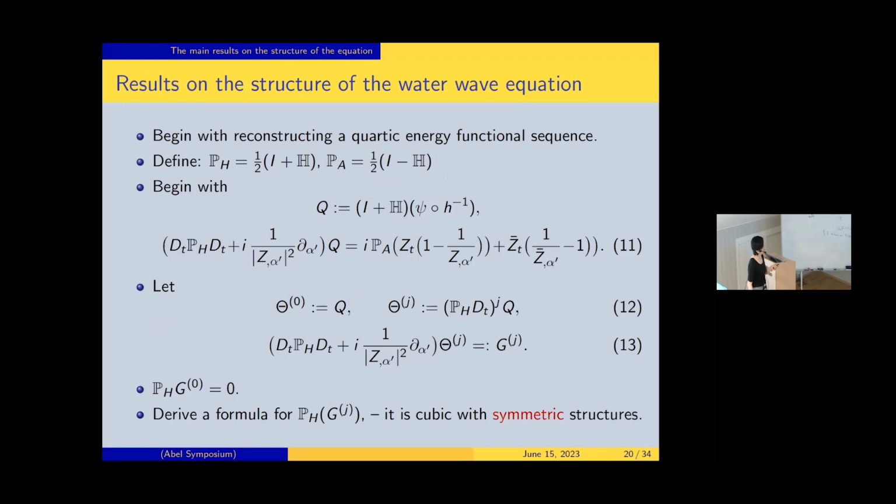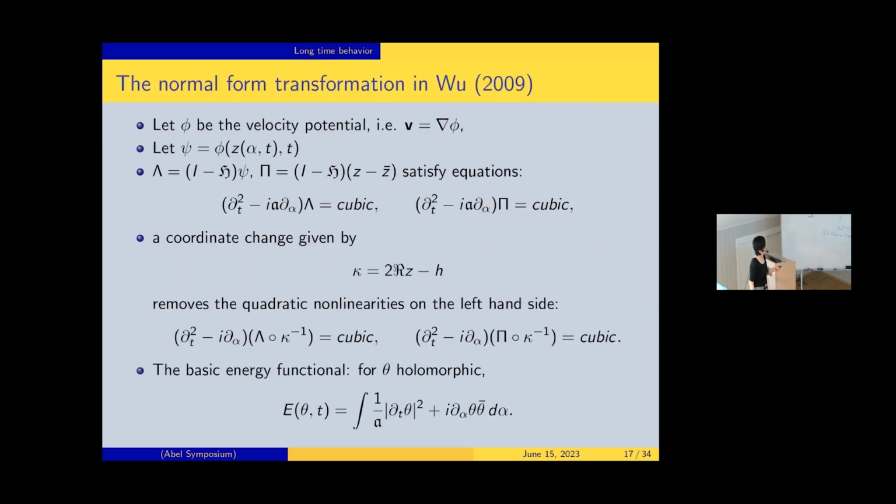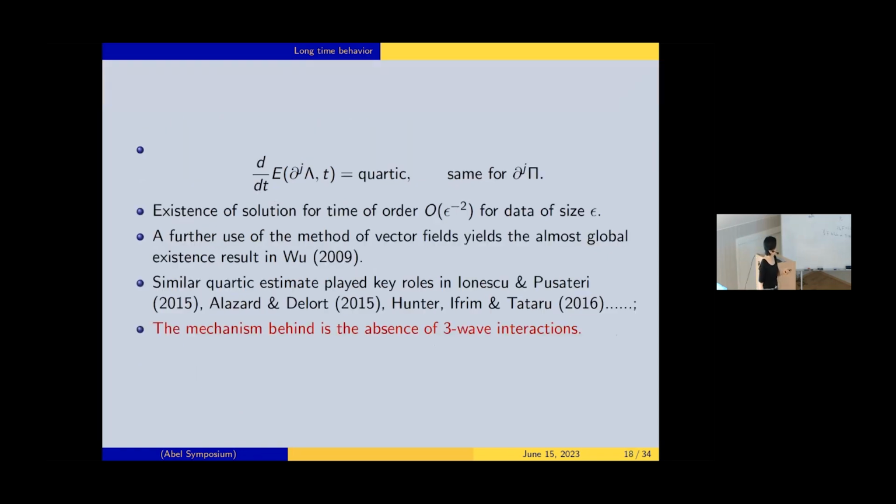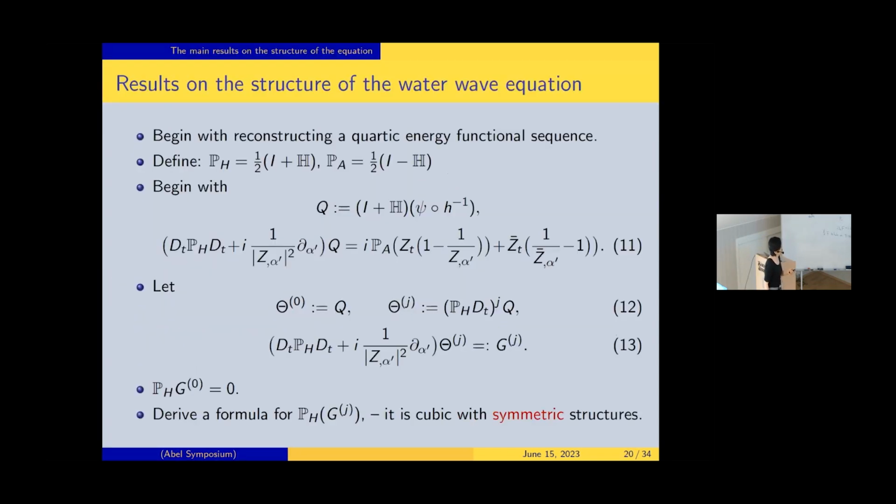So here we start with this quantity. Remember here we found that the projection of the velocity potential to the space of holomorphic functions in the air region is nice. Also remember that in the conformal mapping variable, things are easier to understand.